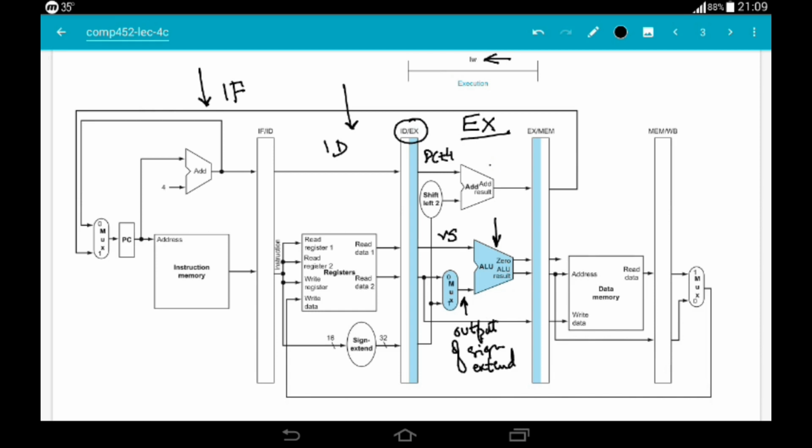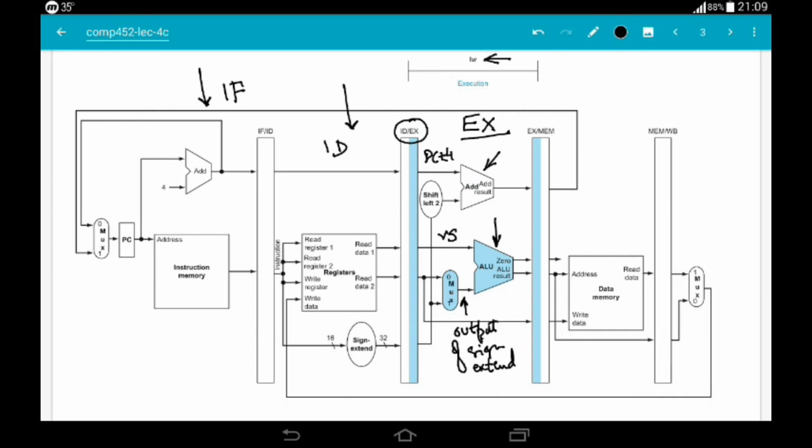Now if you notice, we are not doing anything here. We have not shaded this ALU, which is basically an adder, because this is not a branch instruction, so we are not concerned with it. But keep in mind that in a real MIPS pipeline, this adder will be doing its operation no matter what the instruction is.